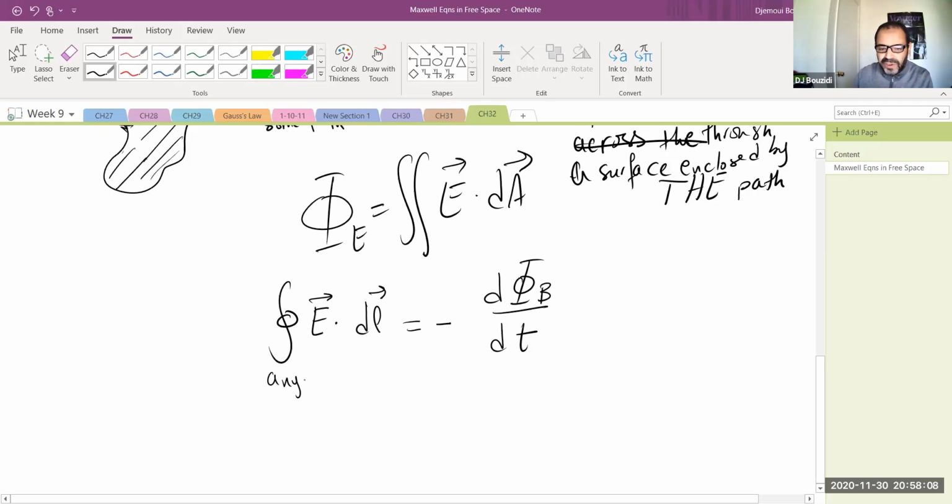So this integration is over any path. And the flux in this case has to be changing over an area enclosed by the path. Which path? It's this path.